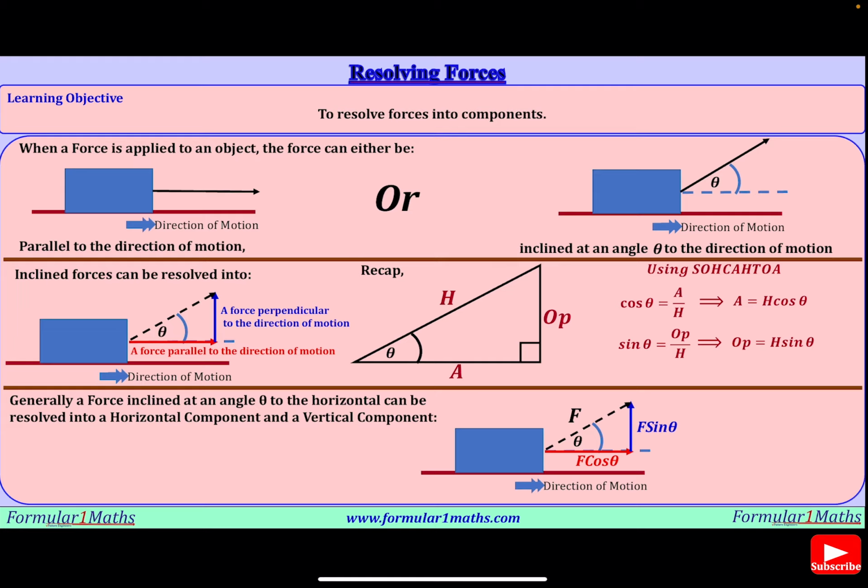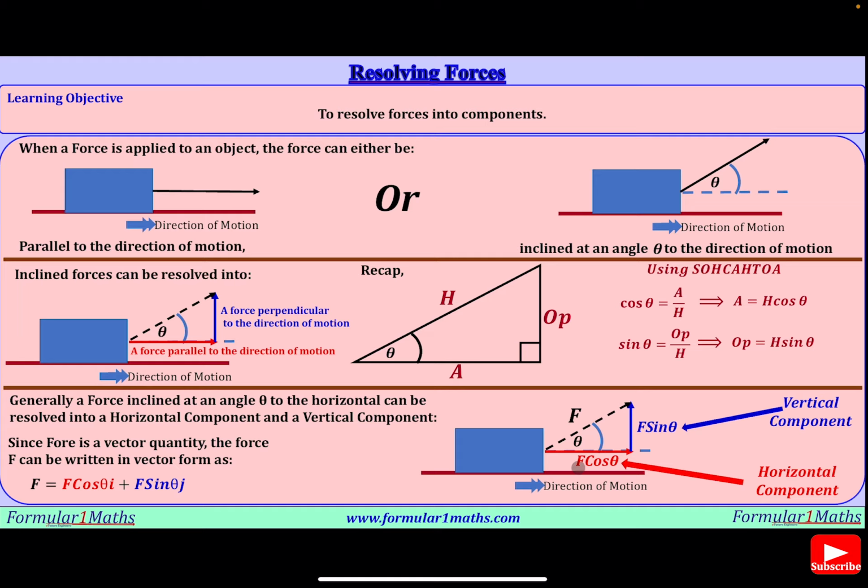So since this is a horizontal component that is in the I direction, and this is a vertical component that is the J direction, we can express F in vector form as F cos theta I plus F sin theta J, or simply F is equal to all that.